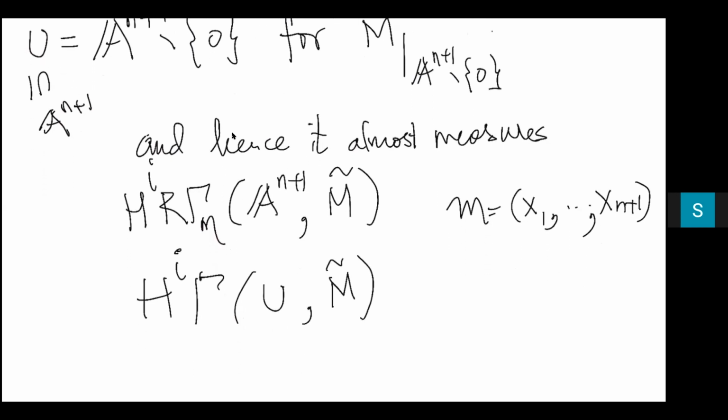There's just a difference in the indices. So this one is isomorphic to this one, with H^i and H^{i+1}. These two are isomorphic for i greater than 1.